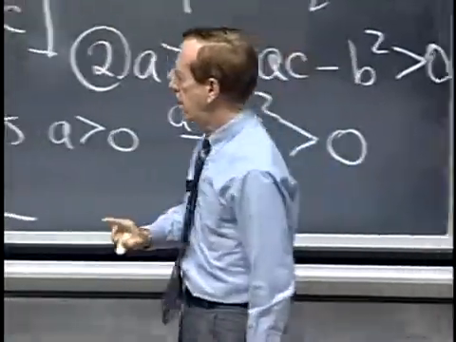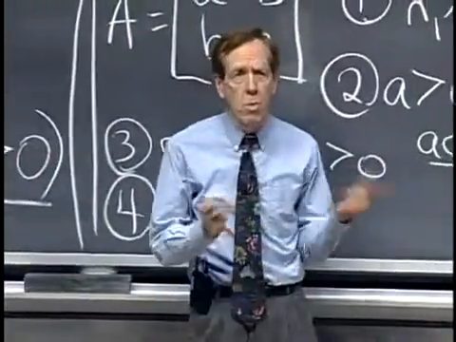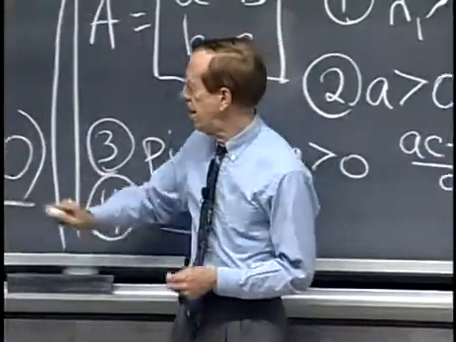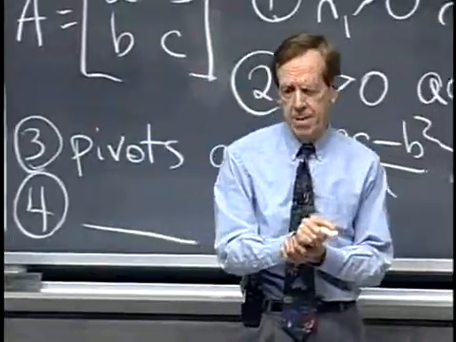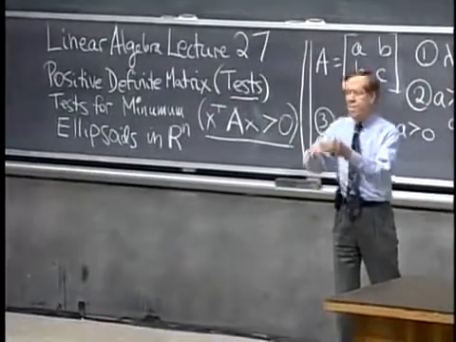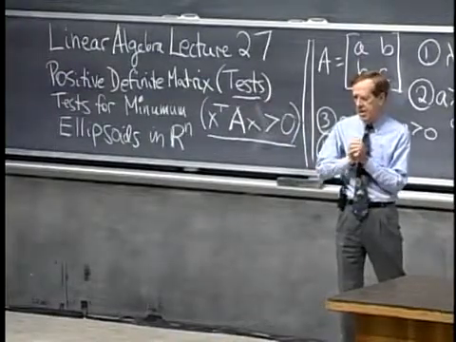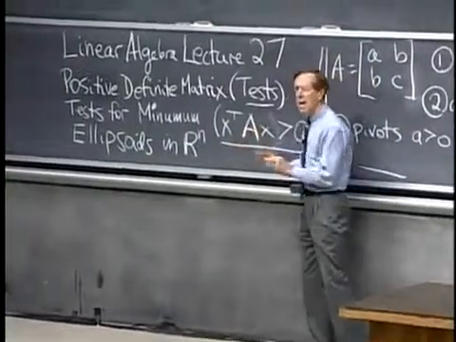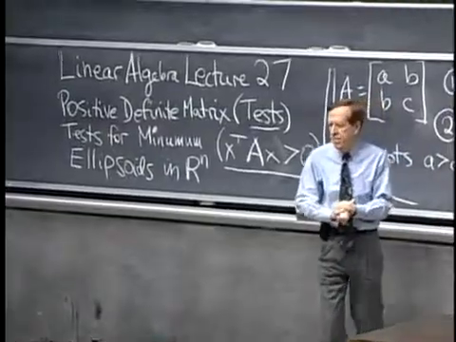So the topic is positive definite matrices, and what's my goal? First goal is, how can I tell if a matrix is positive definite? I would like to have tests so that if you give me a 5 by 5 matrix, I can tell if it's positive definite. More important is, what does it mean? Why are we so interested in this property of positive definiteness?